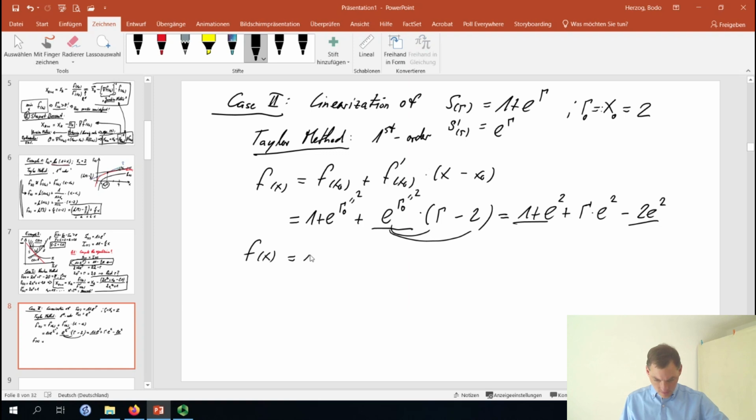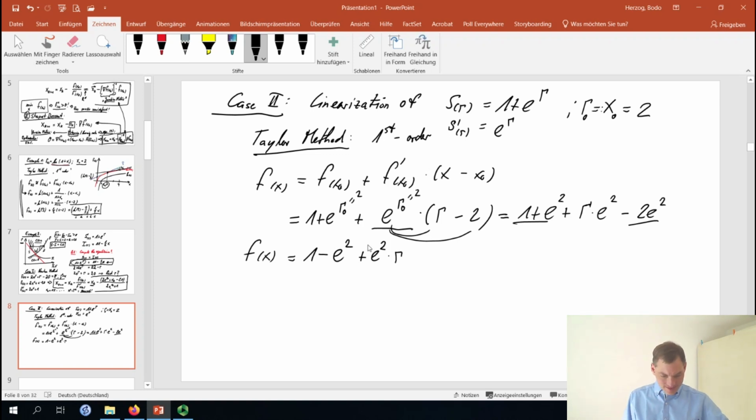So this is 1 plus, and here we can factor out, oh well, this is even easier. This is just e squared minus 2e squared, which is just minus e squared, plus e squared, that's the slope, times r.